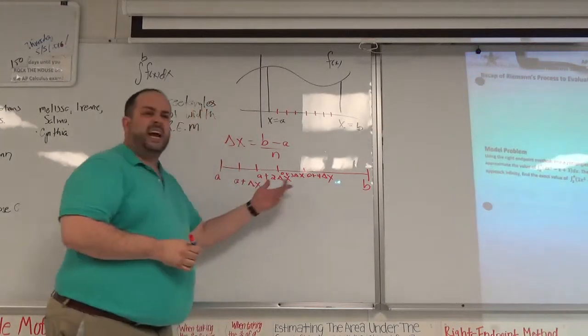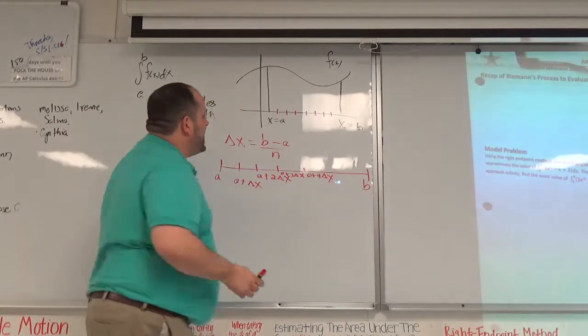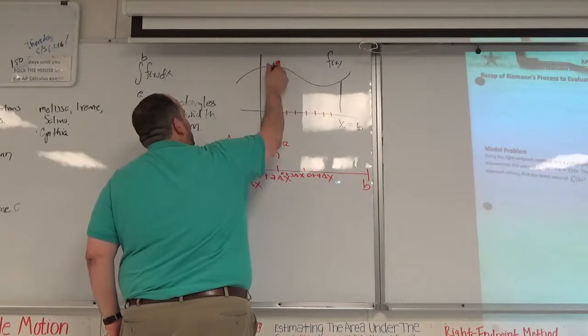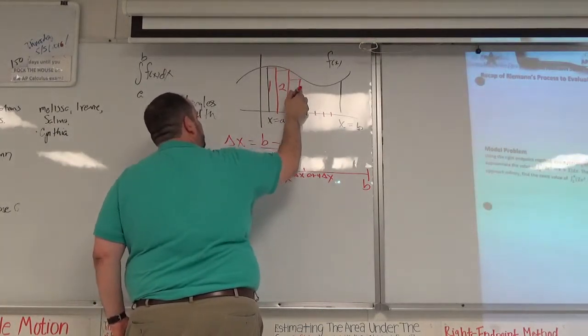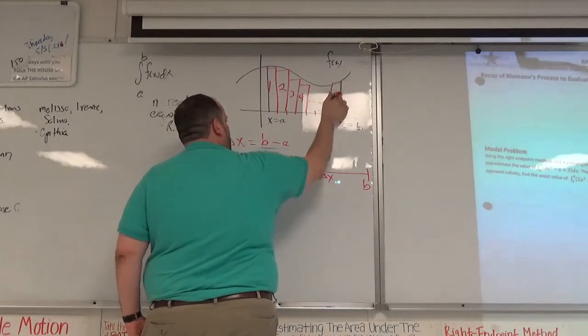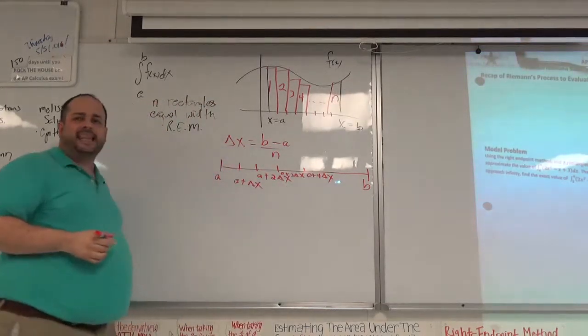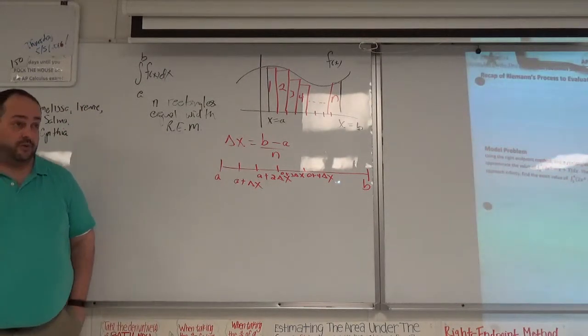It's getting a little messy, I know. But we're going to go all the way out to the final one. And at each of these partitions, up, over, down. Up, over, down. I'm always using the right endpoint because I'm doing the right endpoint method. There's the nth rectangle. All right, we're going through the general process.